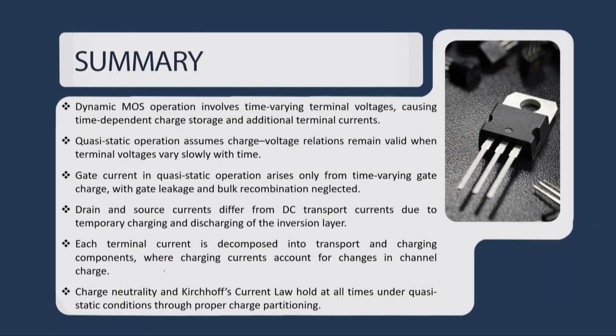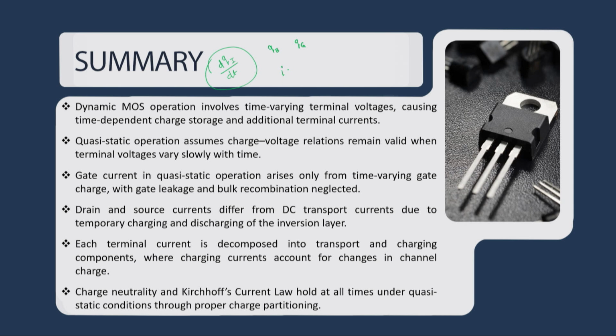So, let me summarize. We discussed dynamic MOS operation, which involves time varying terminal voltages. As a result, they give a change in the charge, which is a function of time. Now, we need to relate this change in charge, whether it is inversion charge, bulk charge, gate charge or so, and then we are interested in finding the terminal currents.